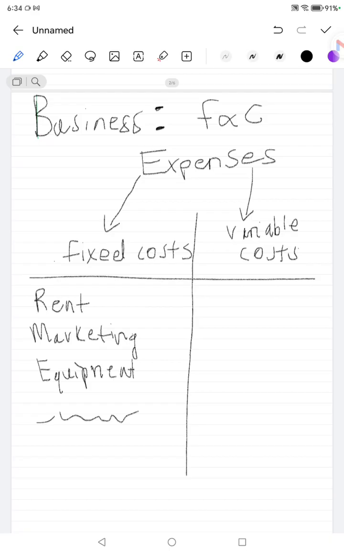Variable cost, these are costs that are dependent on the number of items produced.